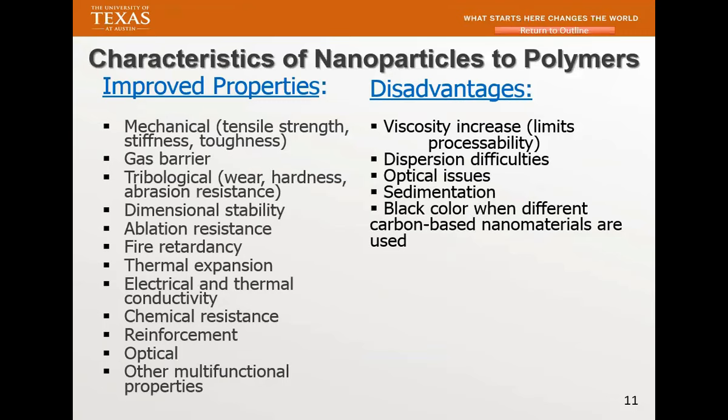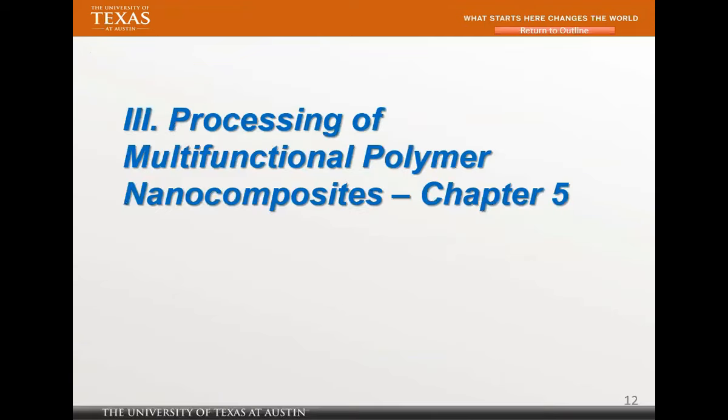A lot of times in your thermoset, you would like to disperse the best you can and immediately cross-link them. Then you will lock up all these nanomaterials in the resin, and you'll get a good product. After you do that, we'll start using TEM to check the dispersion. And the black color is something I just talked about. Those are the important things to watch out for when you're doing nanocomposite.